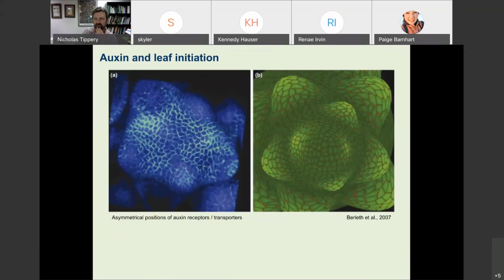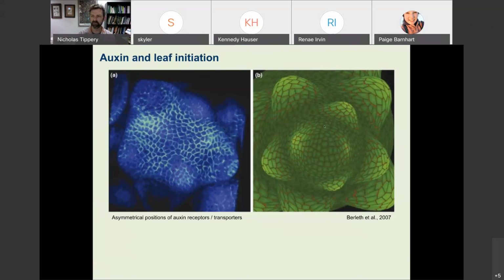And the pattern of where those cells get their signal determines the pattern of how those leaves emerge along the stem. So you get this spiral pattern as is being shown here, offset by about 137 degrees, one leaf to the next. That's partly determined by the movement of auxin into those developing leaves.